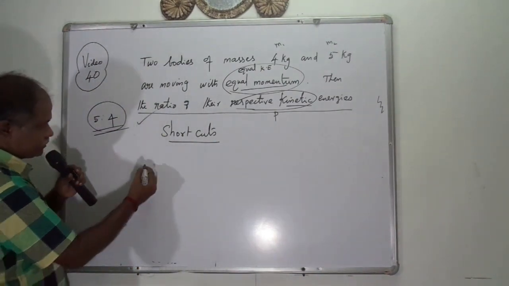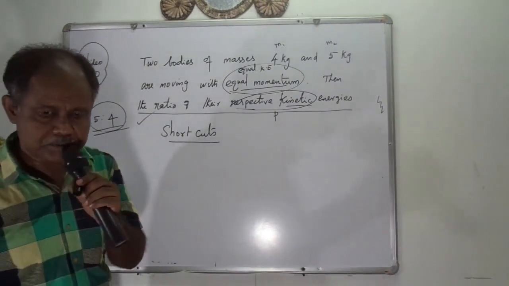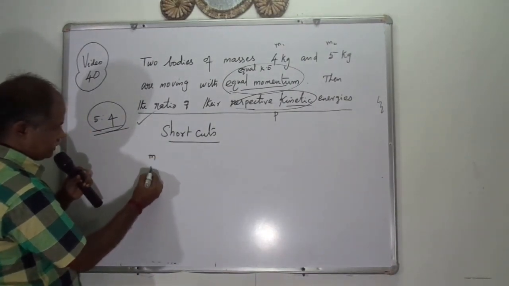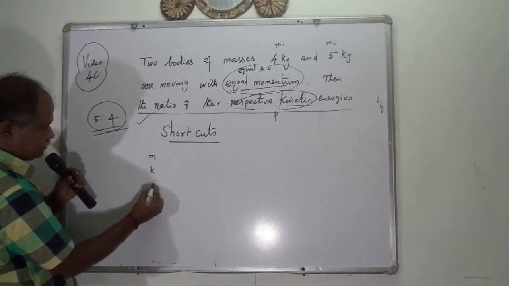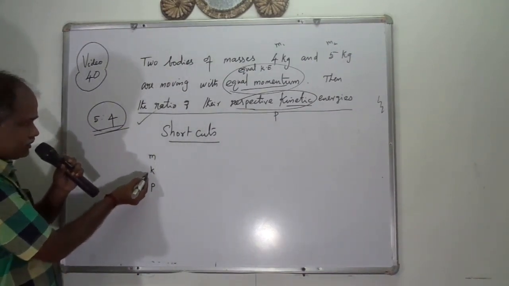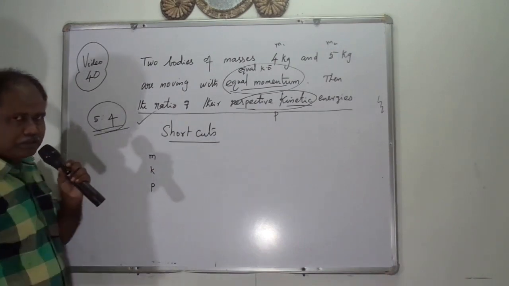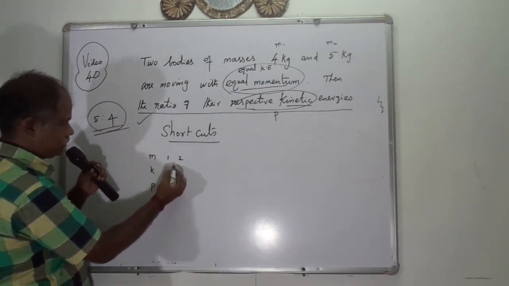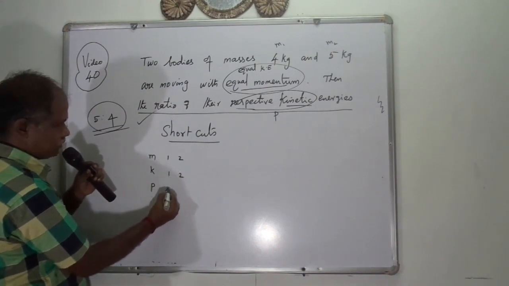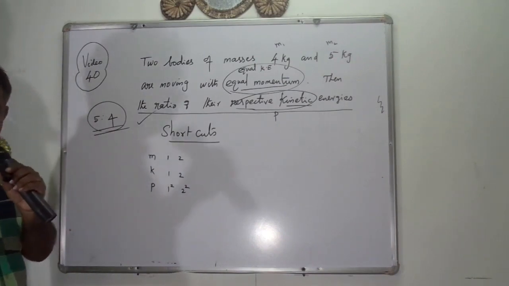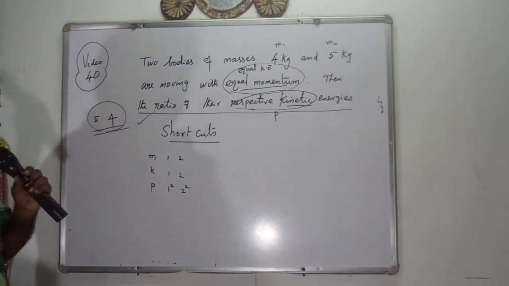The shortcut is, let it be M, K, P. M is mass, K is kinetic energy, P is the momentum. First write 1, 2, 1, 2, 1 square, 2 square. First you remember this.